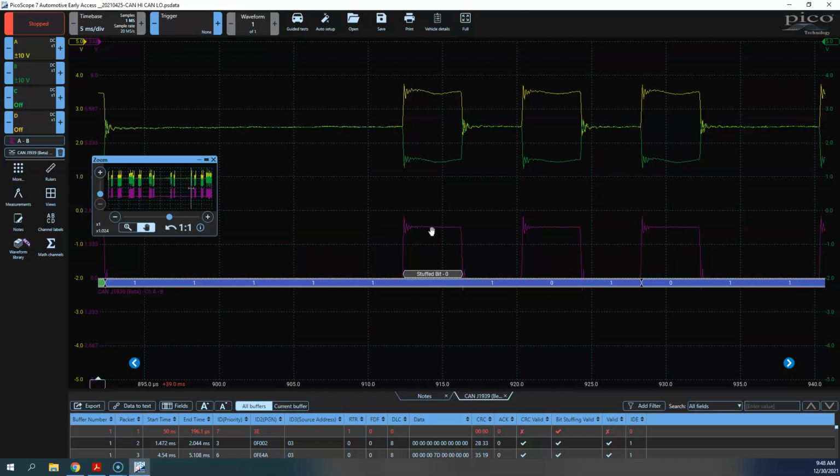We'll talk more about this, but that's the meaning of the stuffed bit. We put these bits in so that I don't have 6 logic 1s in a row. I only have 5. Same thing for the logic 0s. I would never have 6 of them in a row. That's a violation. I have to put one of these stuffed bits in. We'll talk more about that as part of the error proofing of CAN, but it does contribute to that. I wanted to mention it because this does show up as a stuffed bit here.